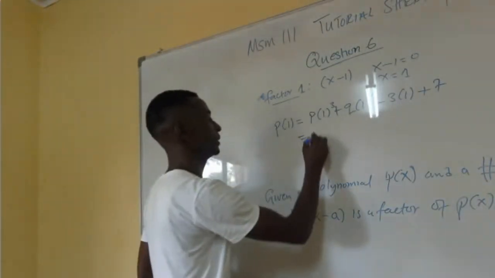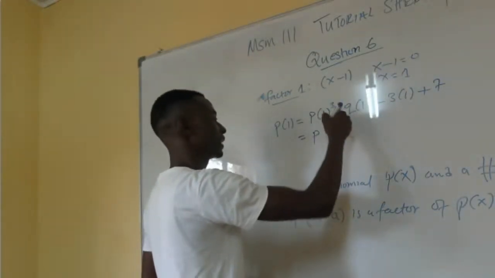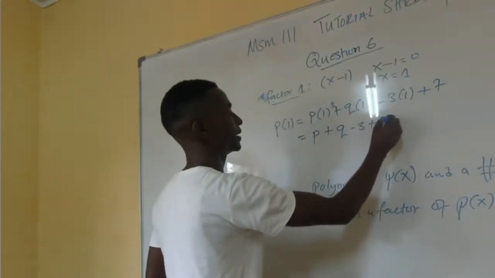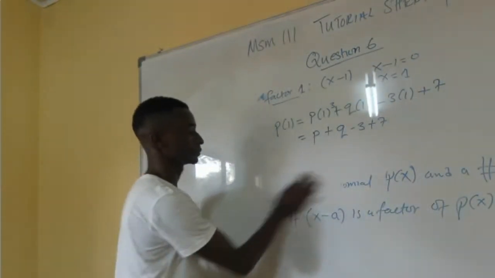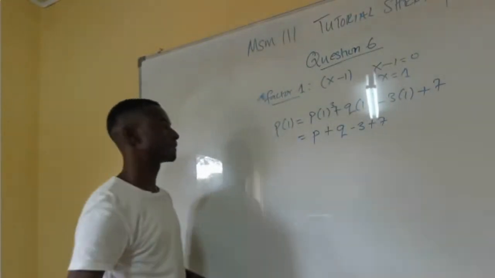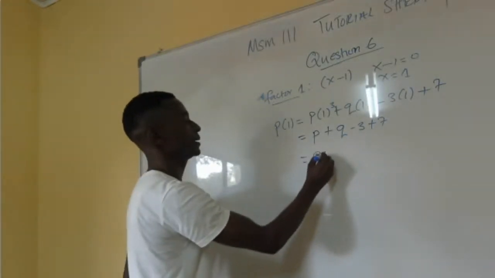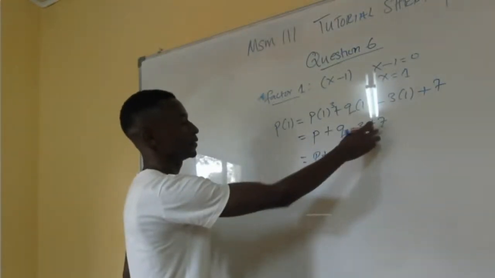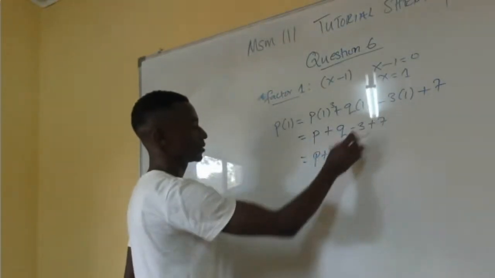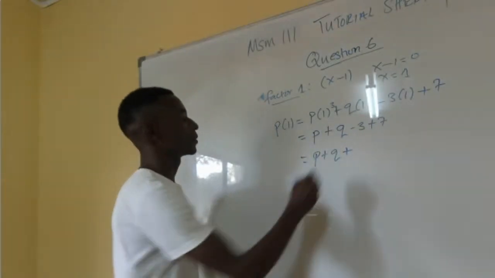So there we get p, 1 squared is 1, multiplied by q we get q, negative 3 plus 7. So now we have p plus q. If we add those two, we're getting 4.